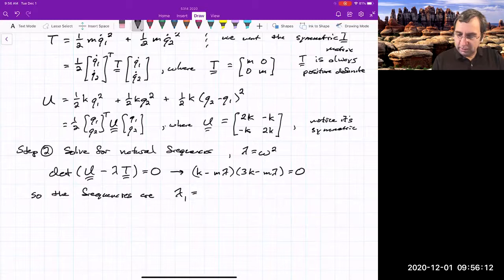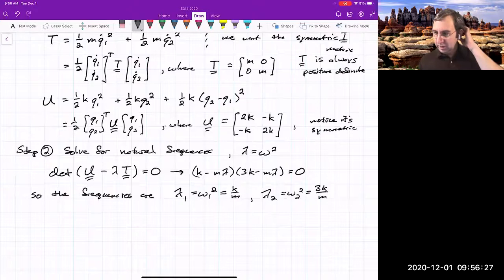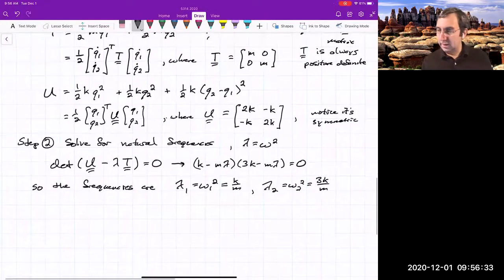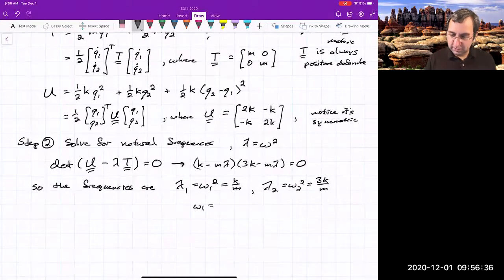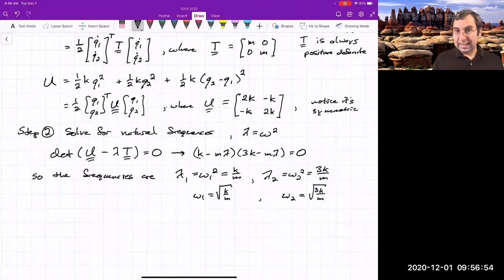We've got lambda 1 equals omega 1 squared is K over M. Lambda 2, we'll call that omega 2 squared, is 3K over M. Okay, so we've got these two frequencies. Omega 1 is square root K over M. Omega 2 is square root 3K over M. And then we solve for the mode shapes, and then sketch them.